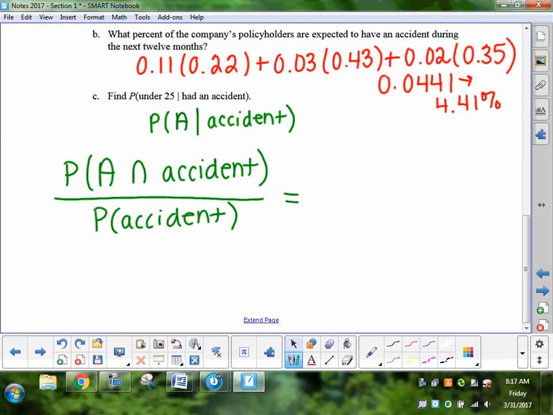What's the numerator going to be in this case? Hands up, please, if you can tell me. What do you get when you compute it out, Emma? 0.0242. And you're going to divide that by what? 0.0441.